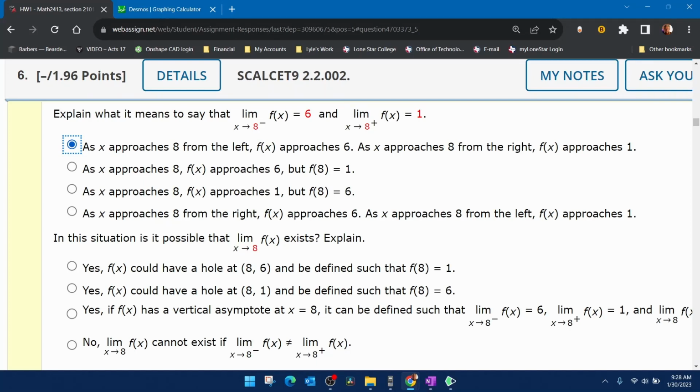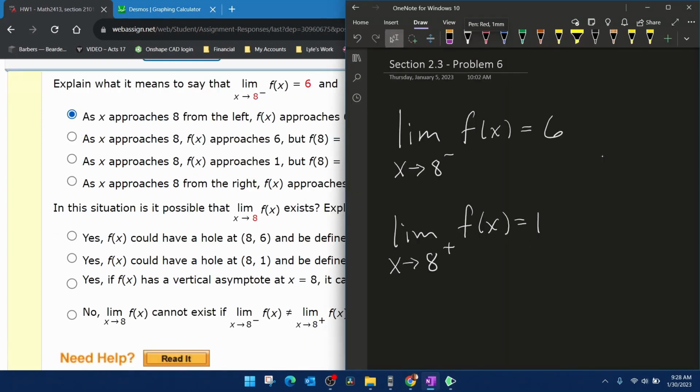Now there is a second part to this problem where it says in this situation, is it possible that the limit as x approaches 8 of f of x exists? And in my scratch work, I'll try to make this as clear as possible.